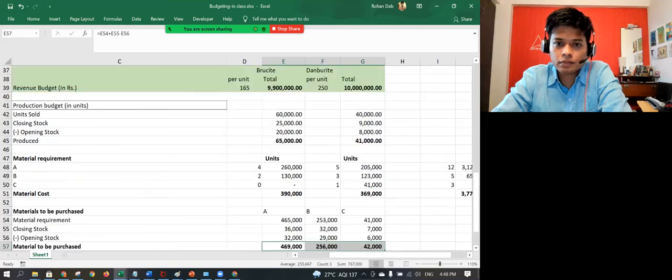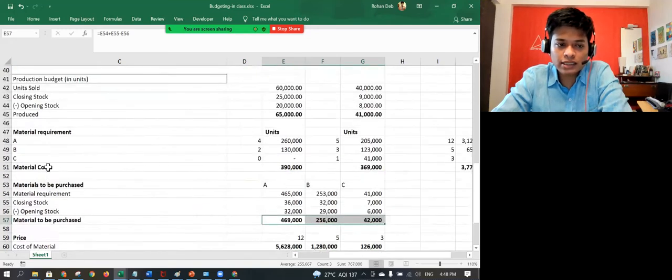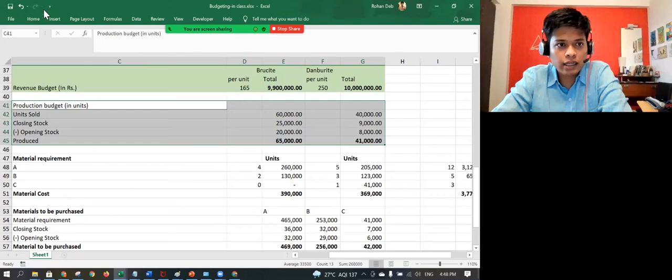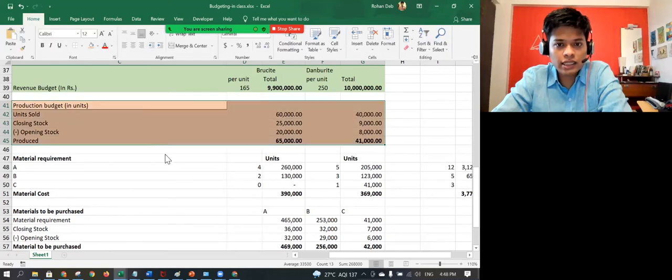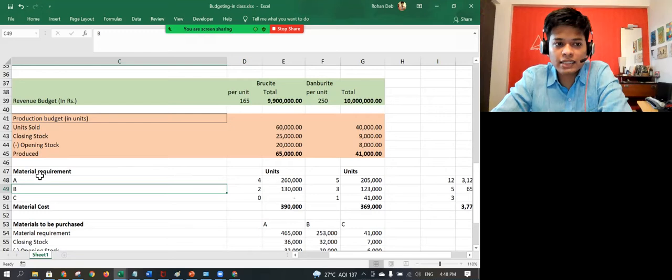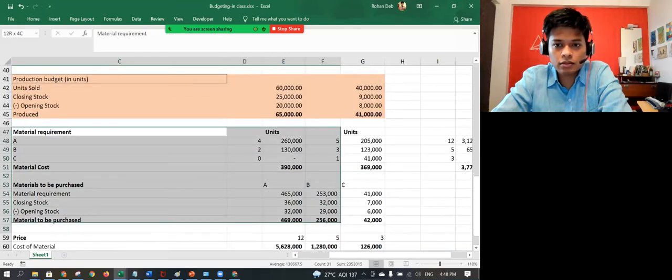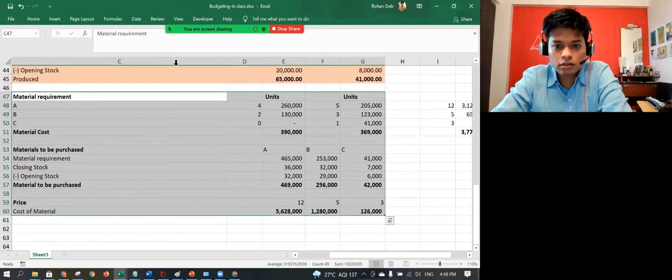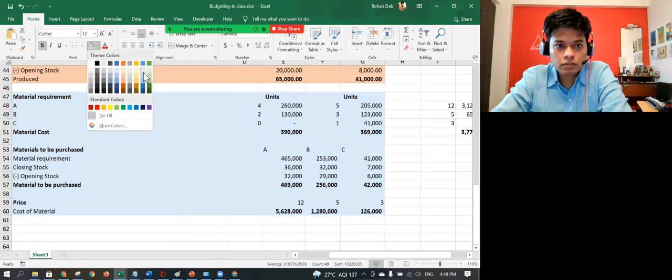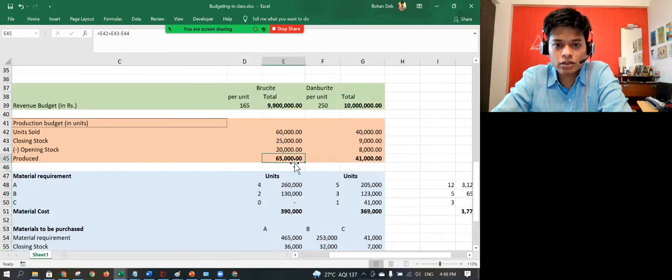Okay, so my production budget ends over here. Let me color it. This entire thing is my production budget: how many units I have to produce. Then it's my direct material purchase budget. So 65,000 into the number of units gives me the number of units that have been purchased.